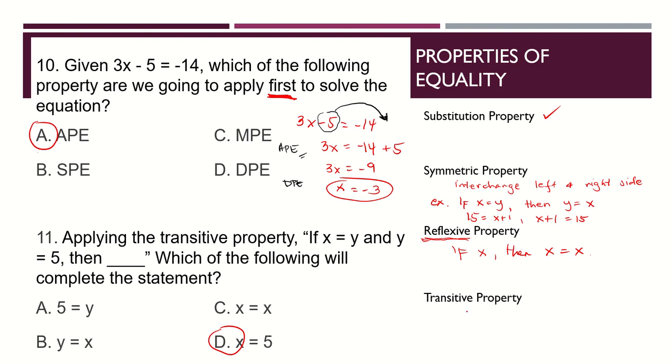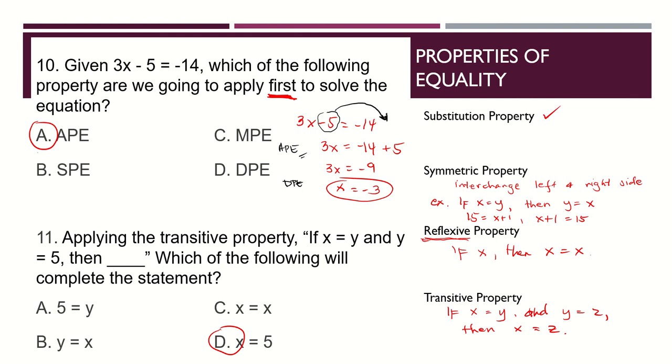Then, for the last one, the transitive property. In summary, if one quantity is equal to a second quantity, and the second quantity is equal to a third quantity, it means the first and the third are equal. Then x equals z.